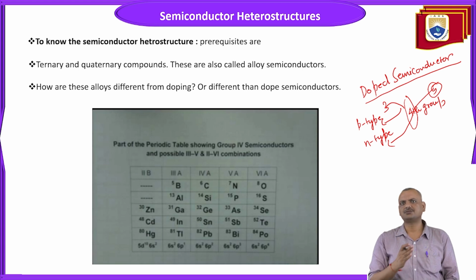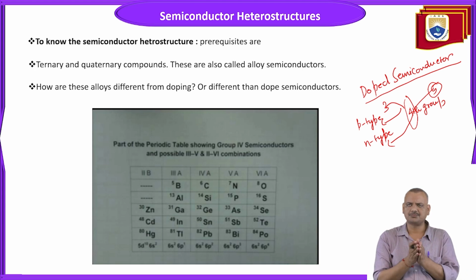Okay, and if you want a p-type semiconductor, you can add some aluminum or gallium in silicon or germanium. So basic fundamental things: the fourth group elements which are naturally found as semiconducting material are known as intrinsic semiconductor.